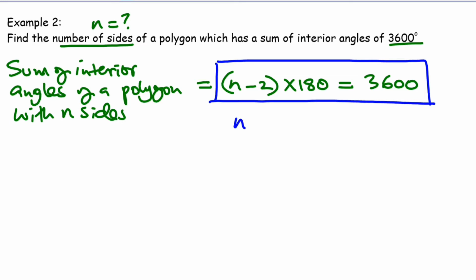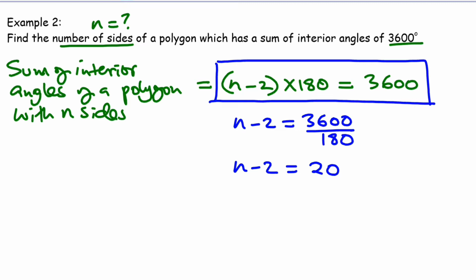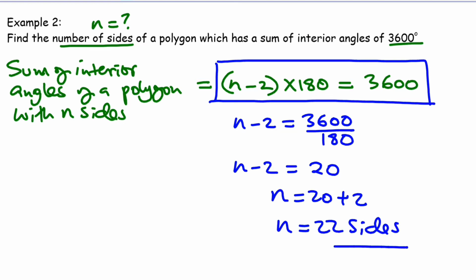So n minus 2 will be equal to 3600 divided by 180, which will be equal to 20. So n minus 2 will be equal to 20. The opposite of subtracting 2 is adding 2. So n will be 20 plus 2. n will be 22 sides.